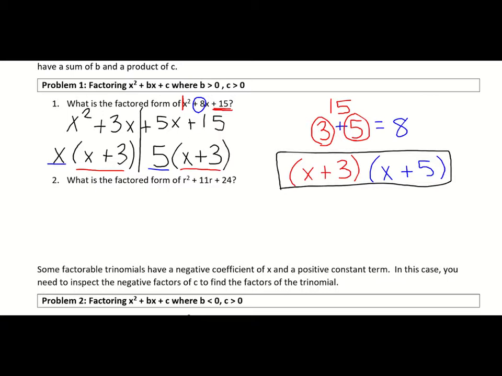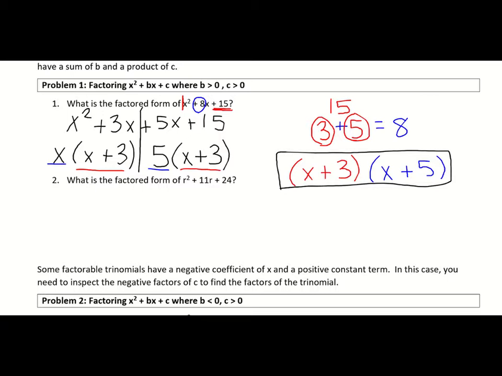And 3 times 5 is 15. If you simplified that, it would give us back the polynomial we started with. So as we go through factoring trinomials, we're going to have to know our multiplication facts in order to quickly and efficiently get the factored form.